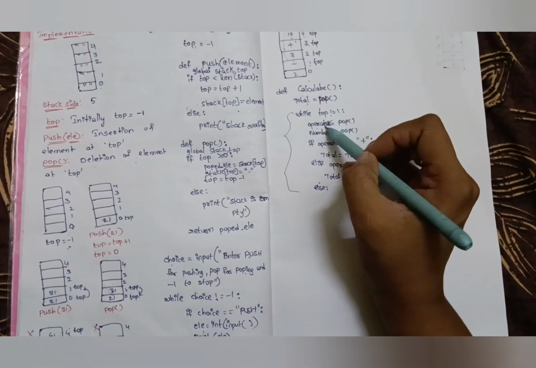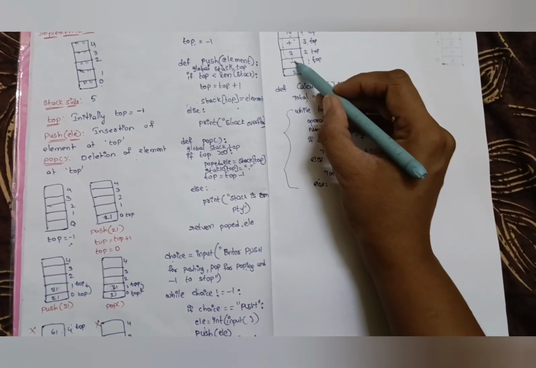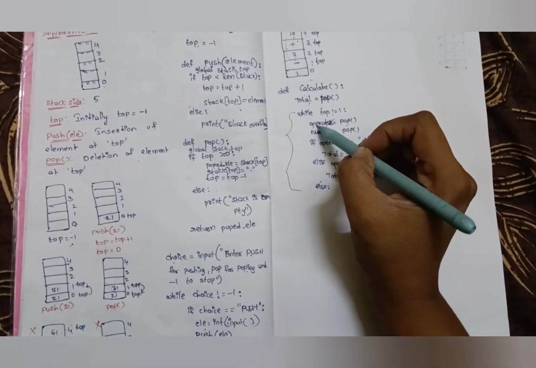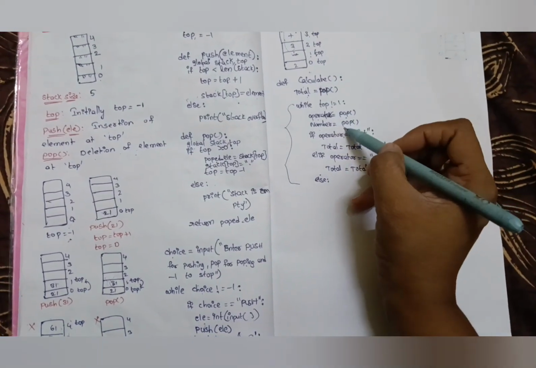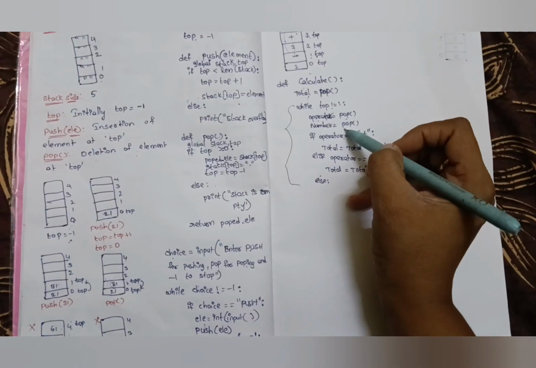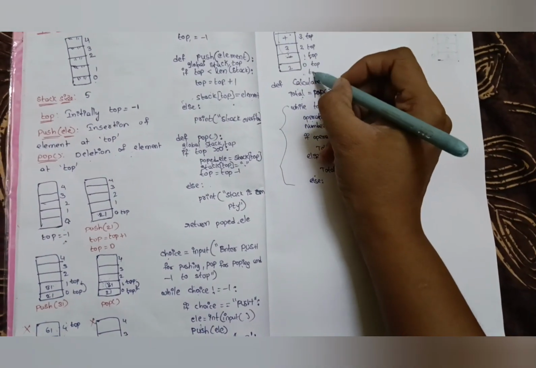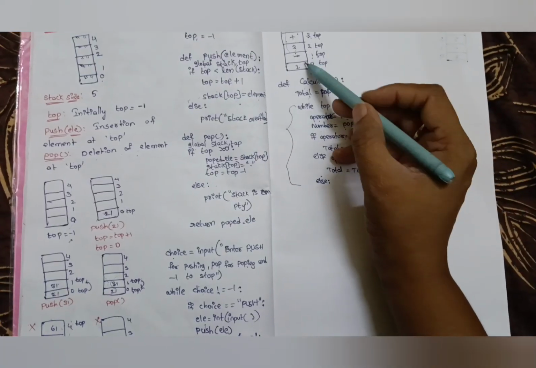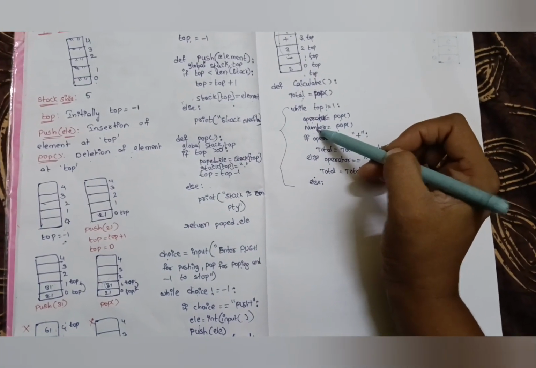Then we pop the element, that means whatever the operator is, we are taking that to the operator variable. Now top will be here. After that we are again popping that element, taking that to number, and top will become -1. The variable number is having 2.